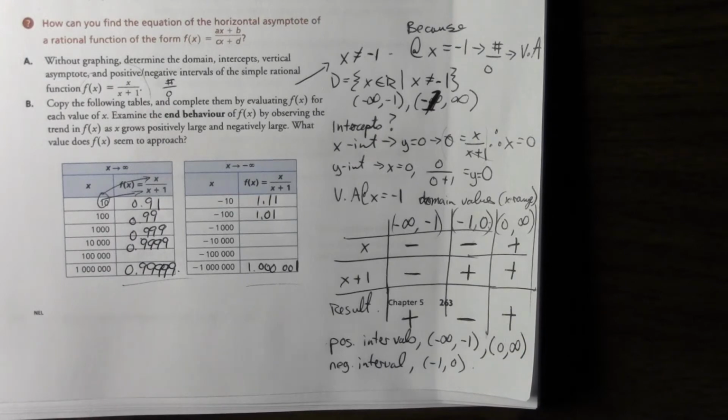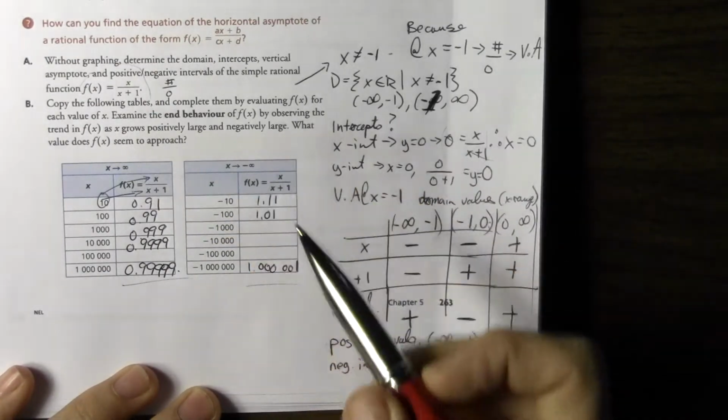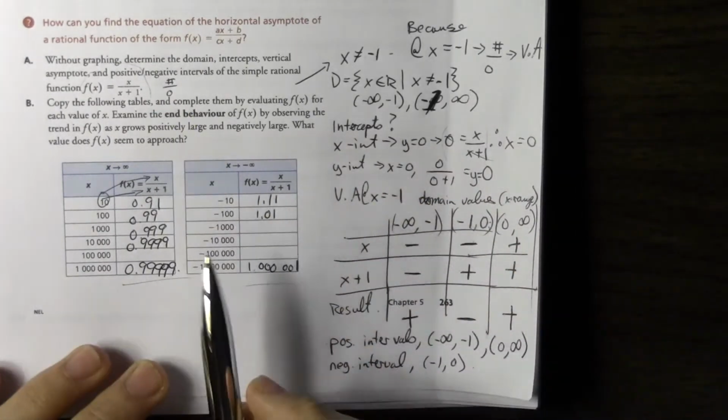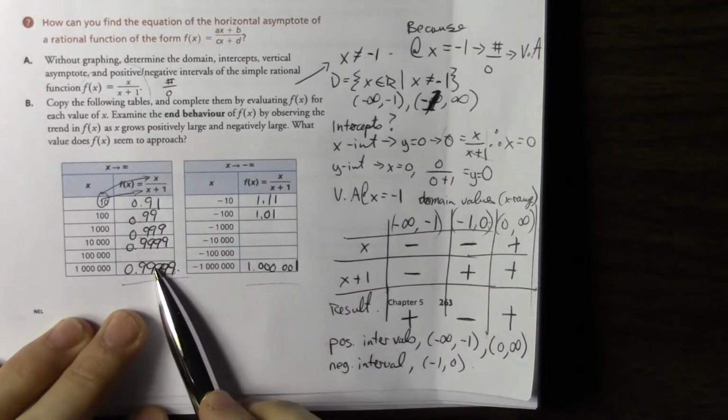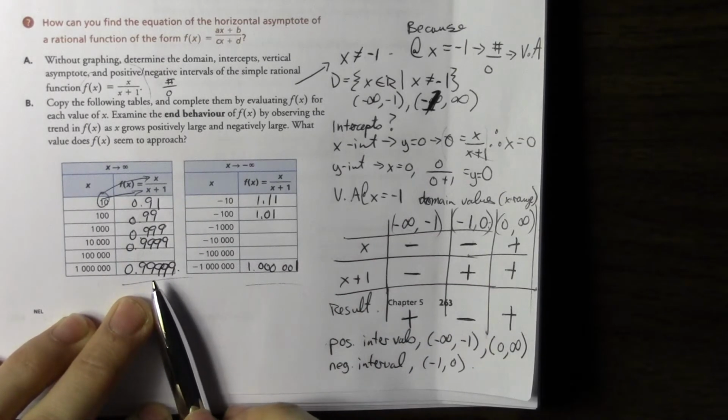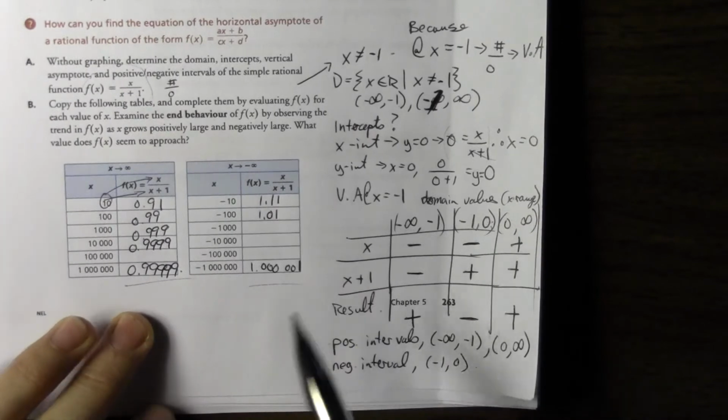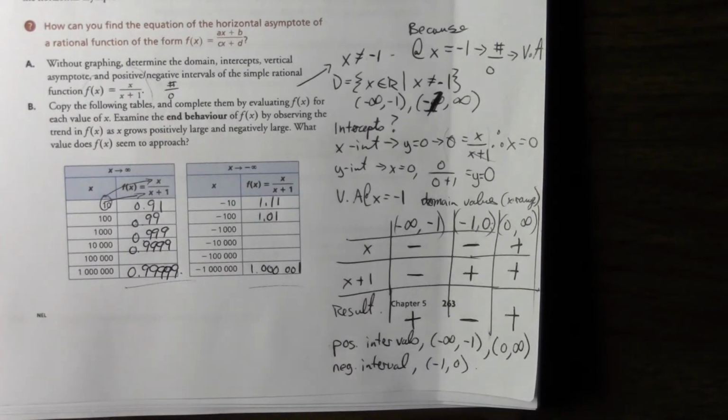So what that's telling us then, as x is approaching infinity, the value of y is going closer and closer to 1. Think about that now on a graph. So x is going farther and farther to the right. The y value is getting closer and closer to 1. When we go far, far to the left, the y value is coming down from above 1, going closer and closer to 1.